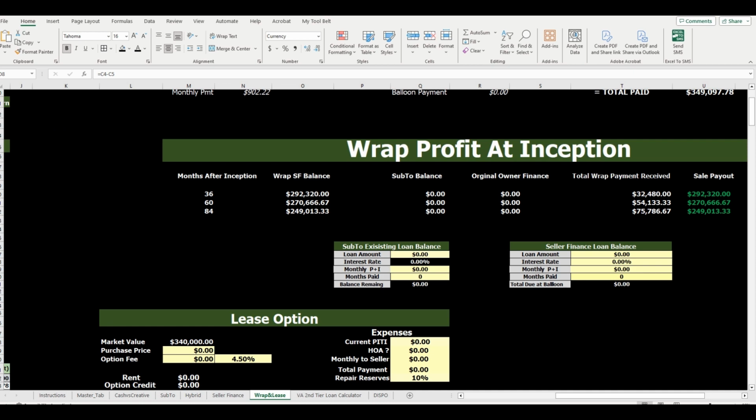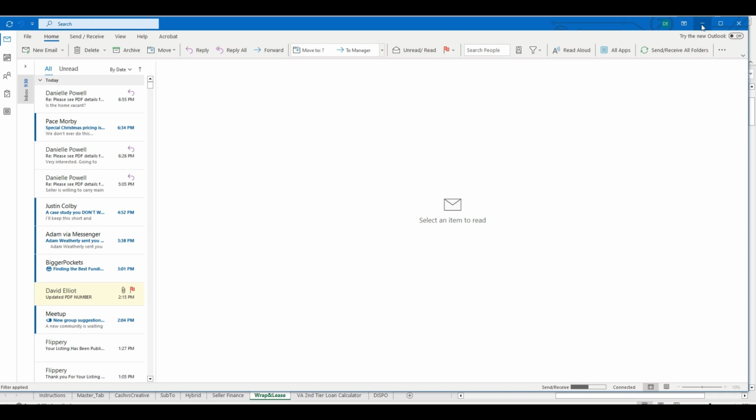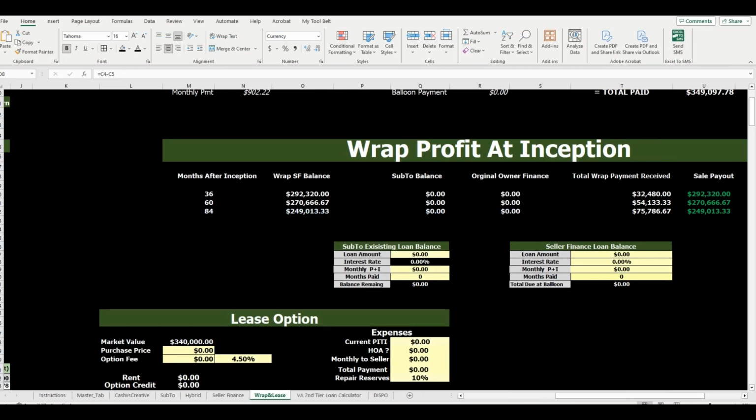So I'm going to pull up the most recent mortgage statement that I have. That's not it. Okay. So I have a VA loan, an underlying loan on the property, and the original loan balance on this VA loan is $310,971.